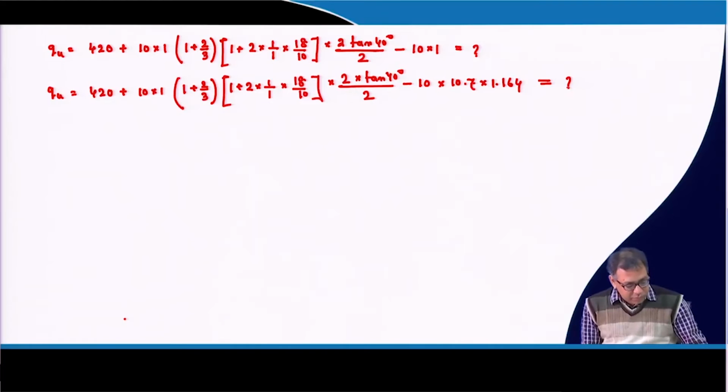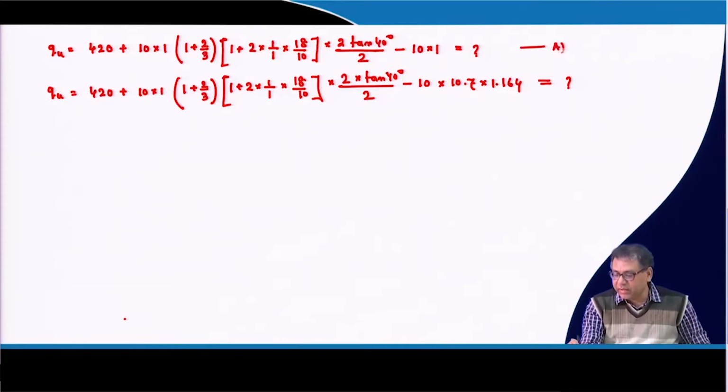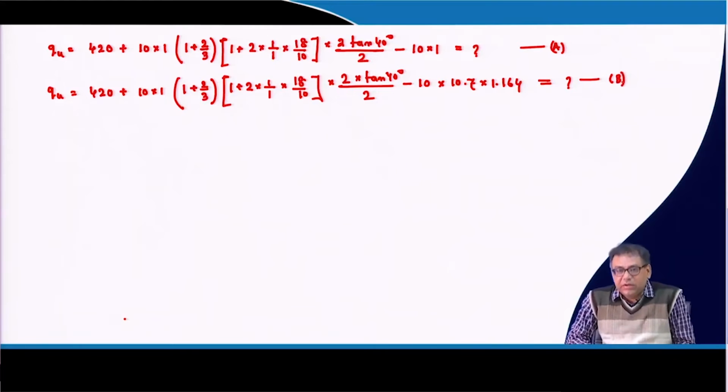So, few researchers have suggested that you use the first one, that means if I write equation A and equation B, in few cases it is suggested that you use equation A, whether the soil is clay or sand, you just multiply directly gamma 1 into H, but few have suggested that you go for the second option, that is B. So, I will recommend that you go for the second option.